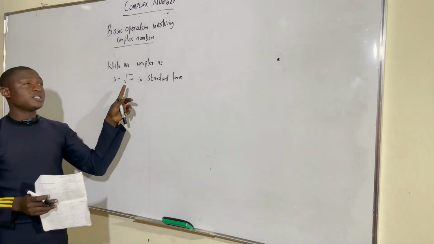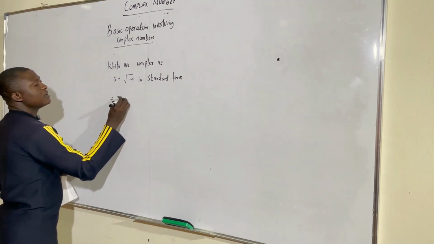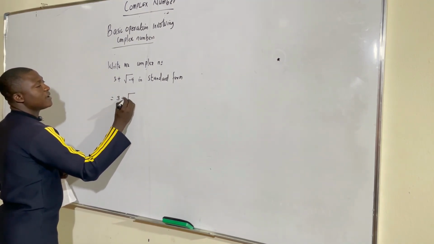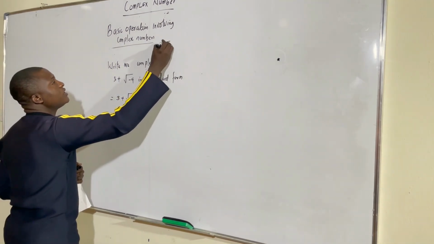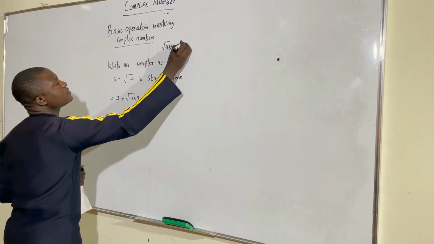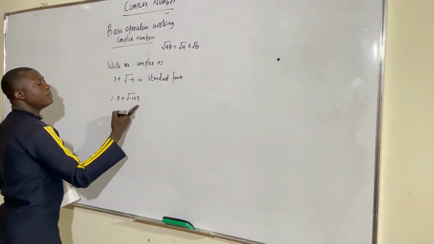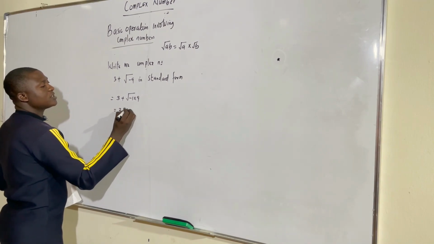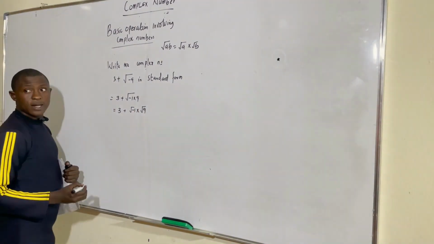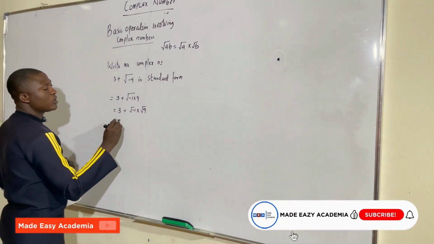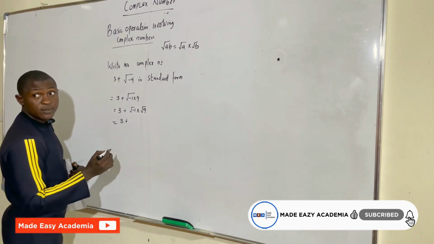Just follow the same process. I told you how to break these down. This can be written as 3 plus, this one can be written as the root of minus 1 times 9. You remember, I told you root of AB is nothing but root of A multiplied by root of B. Now I can break this down: 3 plus root of minus 1 times square root of 9. Root of minus 1 is nothing but i.